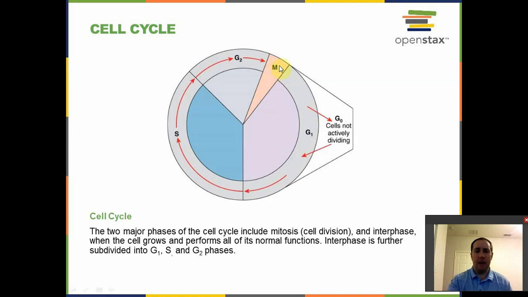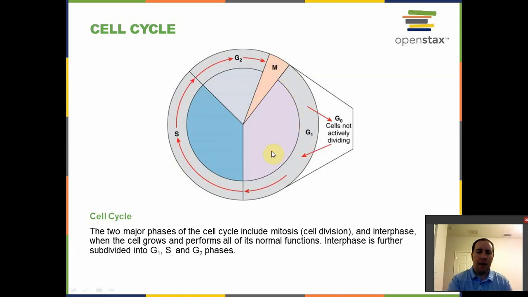Mitosis, which is the M, and S phase, which stands for synthesis phase. In synthesis phase, this is where we are making a copy. We're duplicating our DNA so that we can then divide during M phase or mitosis into two new cells.